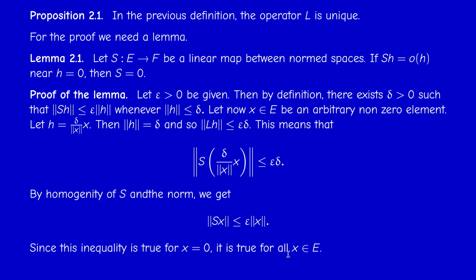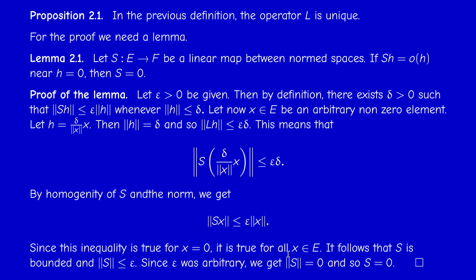And therefore, this is true for every X. And as you know, this implies that S is bounded and its norm is less than epsilon. But epsilon was arbitrary. So the norm of S equals 0, and therefore S is 0. So please correct that. This is SH, not LH. So this proves the lemma.